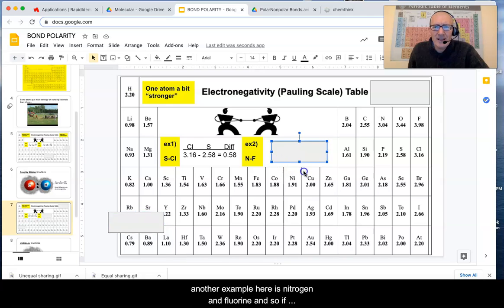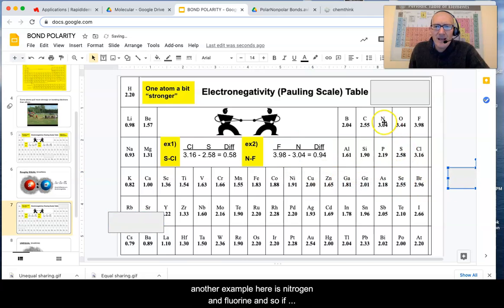Another example here is nitrogen and fluorine. If I wanted an indication of the relative strengths of these two, I would look at the values and see what the difference is.